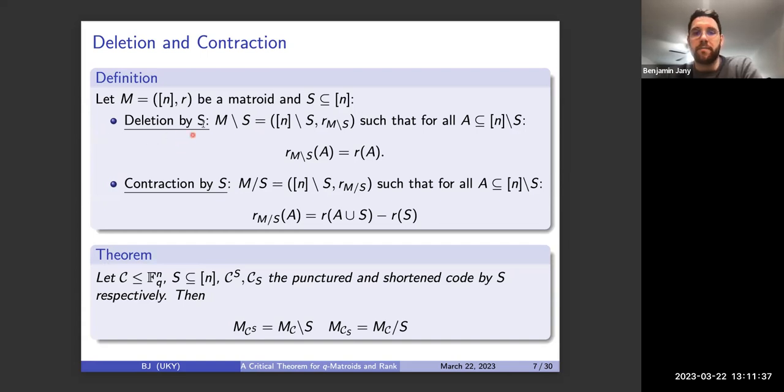So the deletion of M by a set S will consist of the matroid restricted to the complement of S. Okay, so the ground set of this deletion will be the complement of S, and its rank function will just be the same rank function as our original matroid, just restricted to the subsets of the complement of S. And now the other operation, contraction: the matroid M contracted by S has for ground set the complement of S as well. And now its rank function is defined as below.